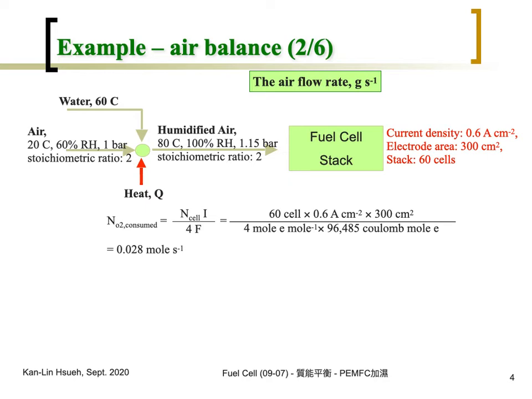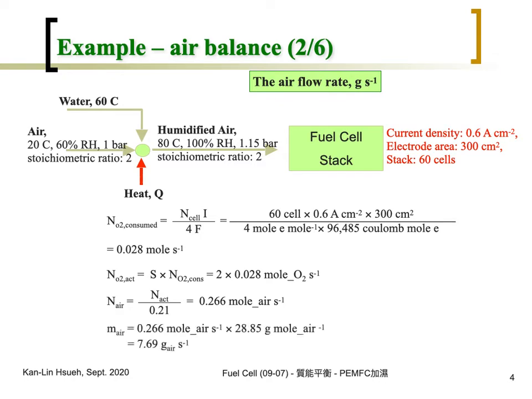Since the stoichiometric ratio is 2, the oxygen input is twice this amount. And if the oxygen molar ratio in the air is 21%, the actual air coming in is 0.260 mole per second.